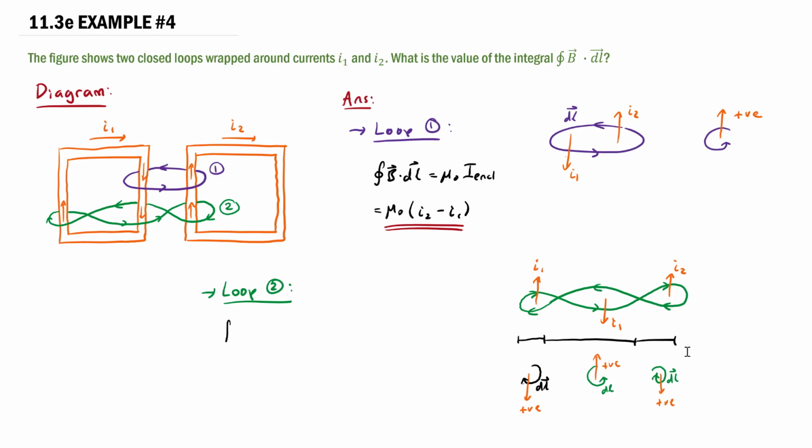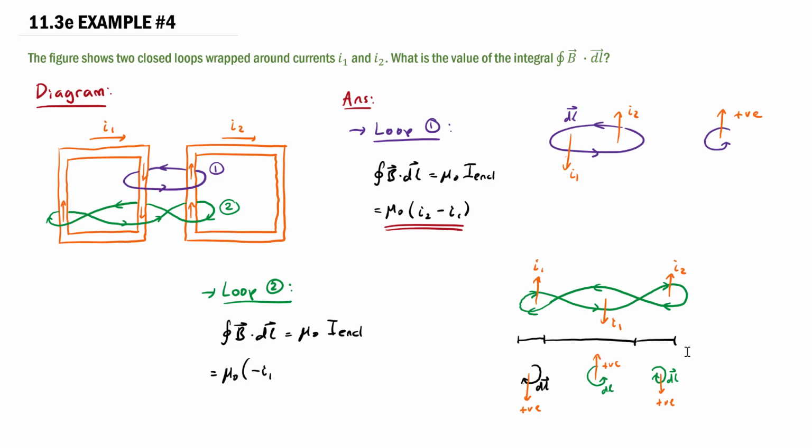When we try to calculate the integral of B dotted with dl, it's going to be mu naught times I enclosed. All of this gives us the information we need to solve for I enclosed. For the first segment, we have I1 going up, but that's against the positive current, so we have negative I1.